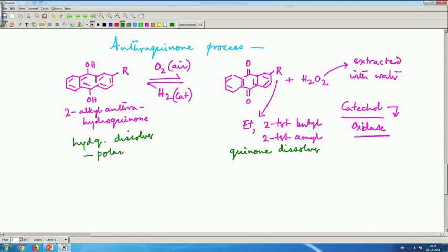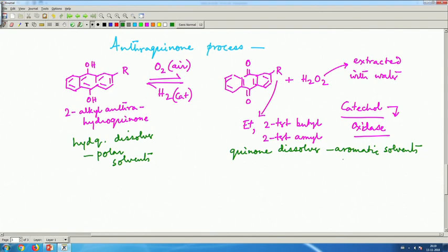solvents, and the quinone dissolvers are other aromatic solvents, or sometimes a mixture of aromatic solvents.